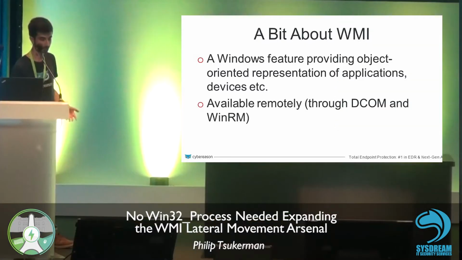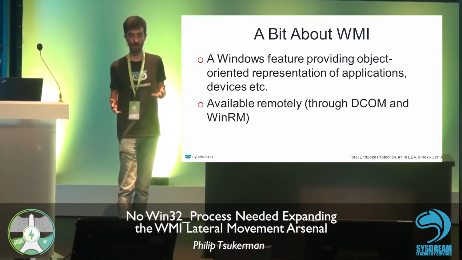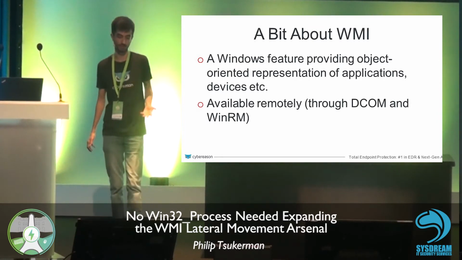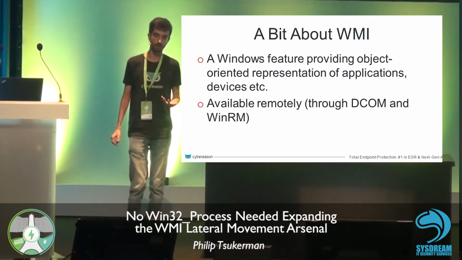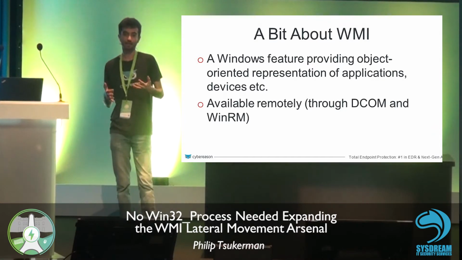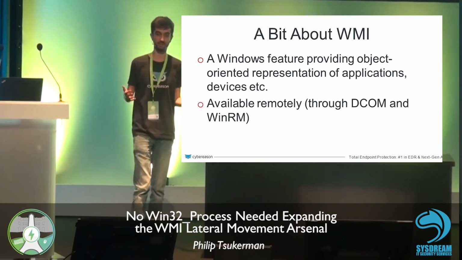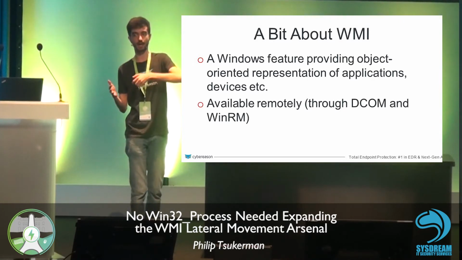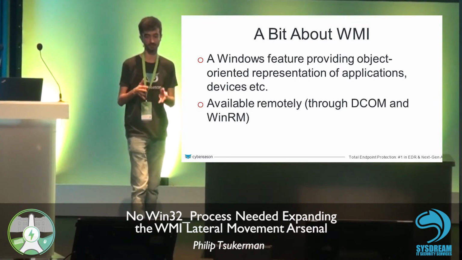Now, let's talk a bit about WMI, because all of these techniques I'm going to show are based on the WMI feature in Windows. So WMI was designed to allow network admins and programmers to interact with lots of unrelated elements on a machine, like processes and the registry and monitors, like both software and hardware, through one single API.